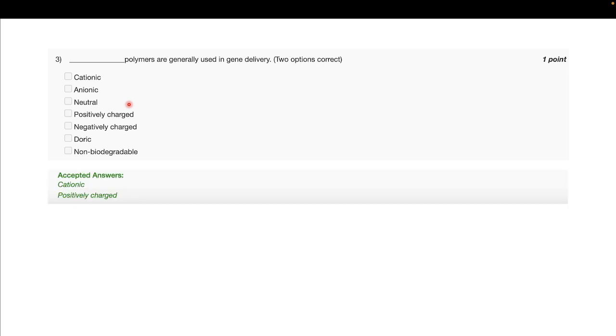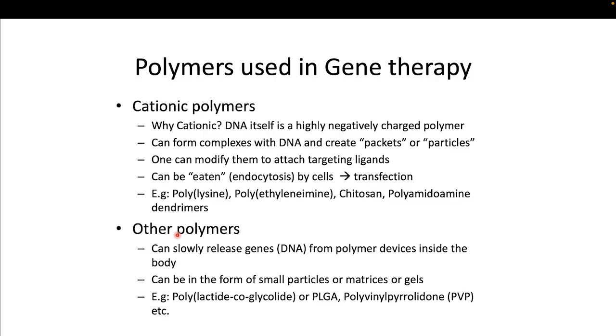So you're correct. The polymers that are used in gene delivery should be cationic and positively charged, so that first of all it's easier for them to complex with the negatively charged DNA, and then this also helps in the endosomal escape. Yeah, you can read this in the slide as well.